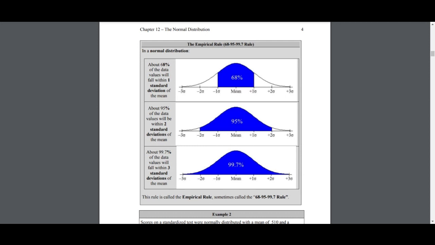The empirical rule kind of gives a hint if you notice the shaded area, and that's actually what we're going to do. We're going to use the area under the graph of the normal distribution.